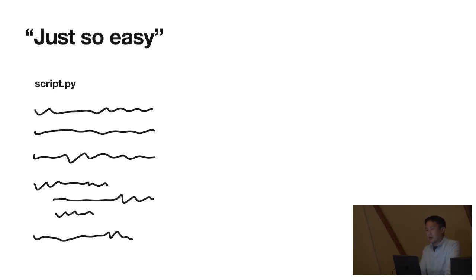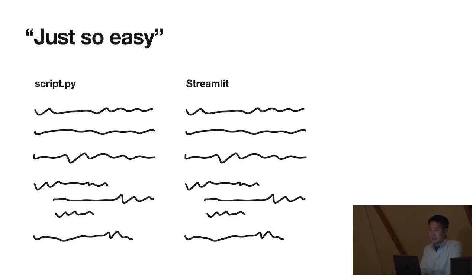The promise of Streamlit is that you can start with a normal script.py that's just a straight linear set of data analysis function calls. And with Streamlit, you can take exactly that script, sprinkle in a few Streamlit statements, and boom, you have an interactive application.